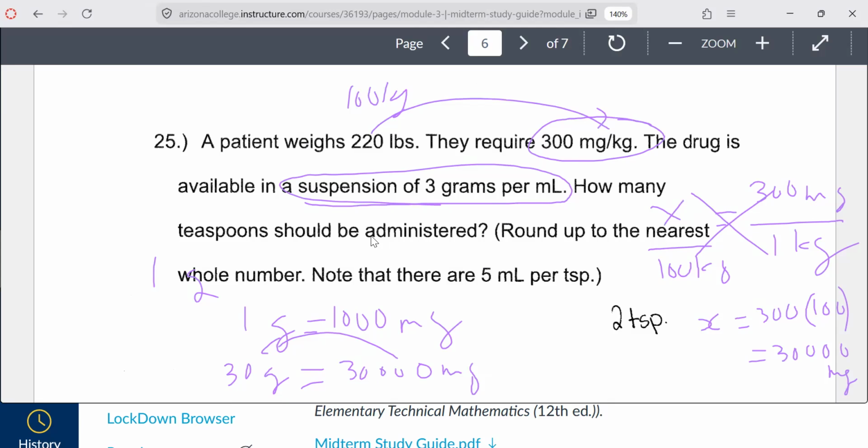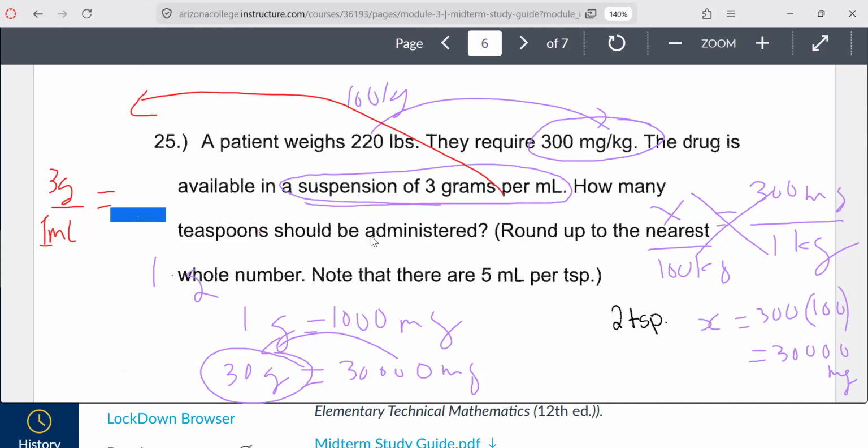Now, going back to the suspension, it says the suspension is available in 3 grams per ml. This patient has to take 30 grams. So again, you can set it up. I have 3 grams per 1 ml, and I've got 30 grams over x.